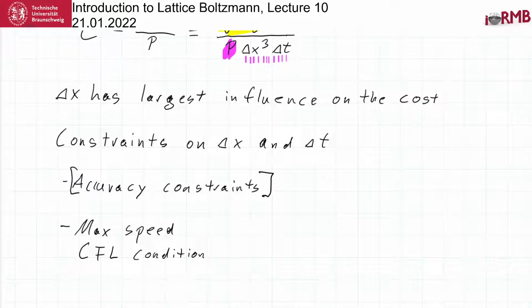And this just says that the velocity in the flow must be smaller than delta x by delta t. So this is the speed at which information travels minus, and this is now important because we have a pseudo compressible code, minus the speed of sound.